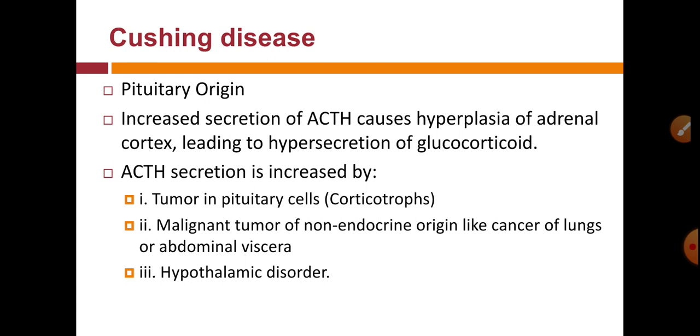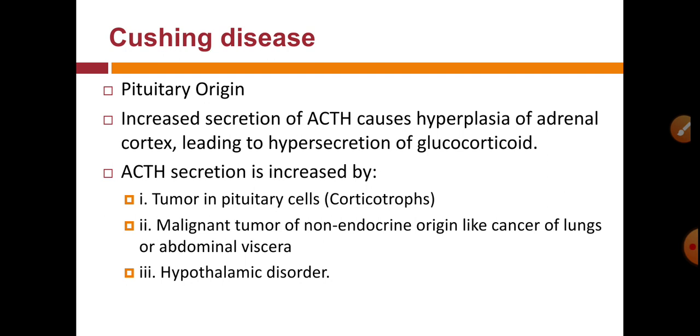When causes are present in the adrenal gland, the terminology we use is Cushing syndrome, and when causes are present outside of the adrenal gland, the terminology used is Cushing disease.